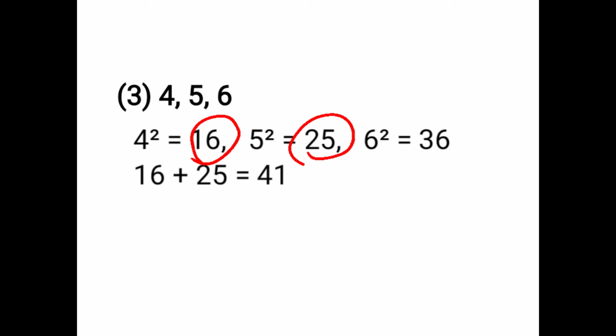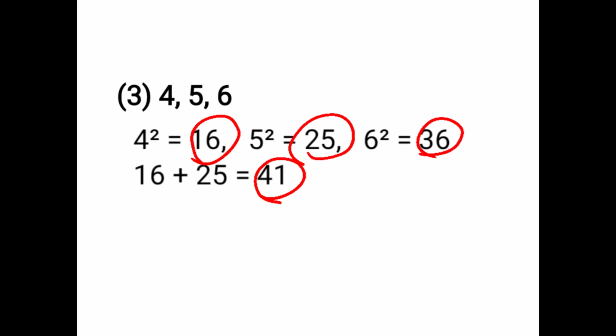Now you have to compare. Is the sum of the squares of the two smaller numbers equal to the square of the bigger number or not? No. The sum of the squares of the two smaller numbers is not equal to the square of the bigger number.